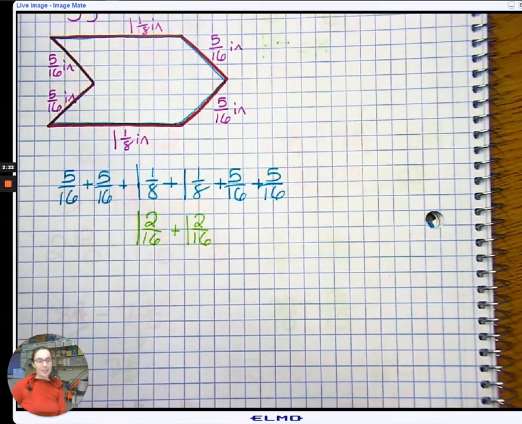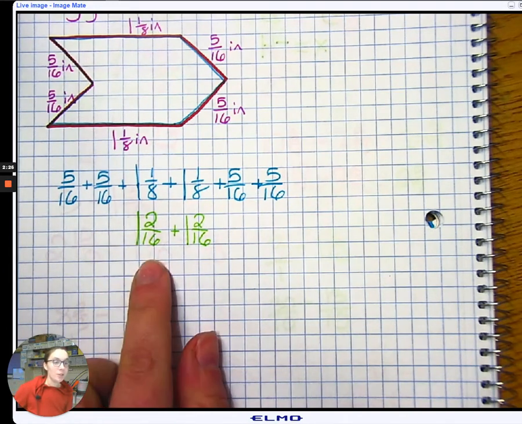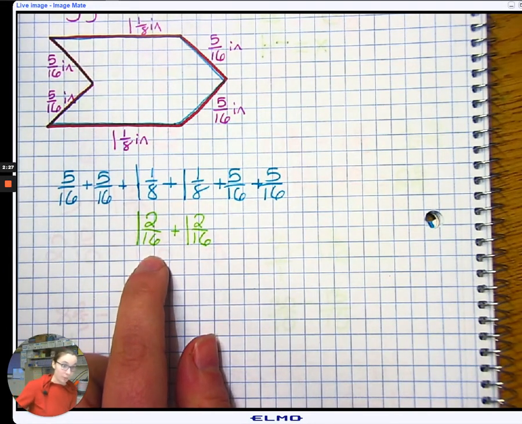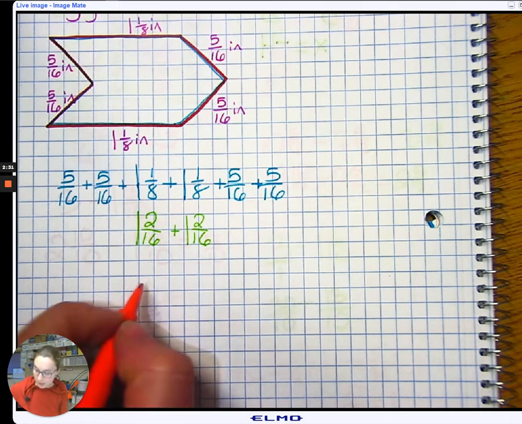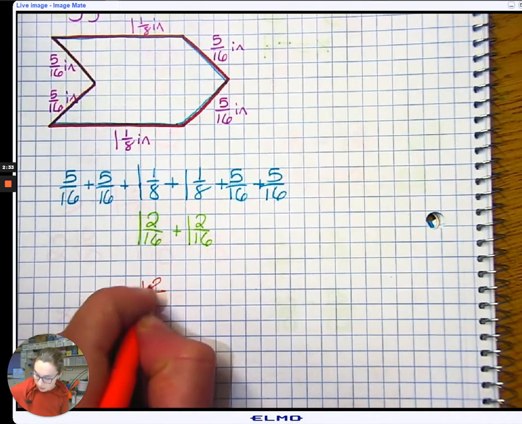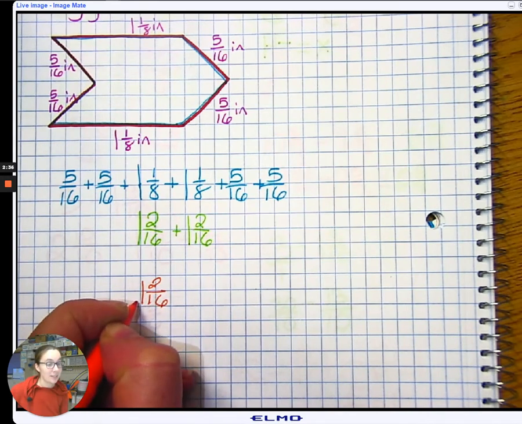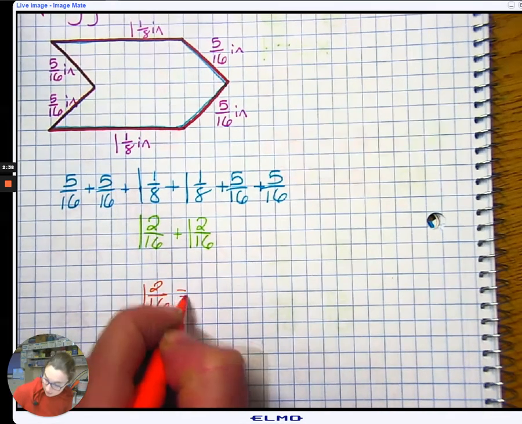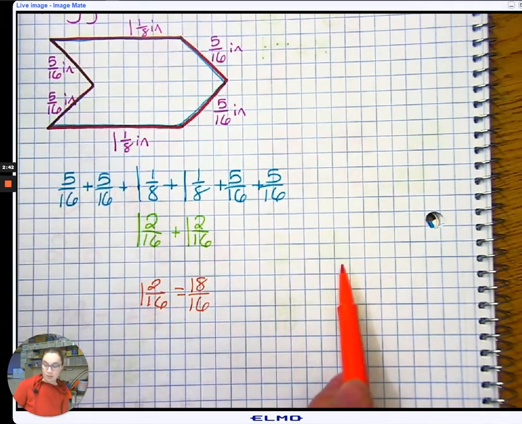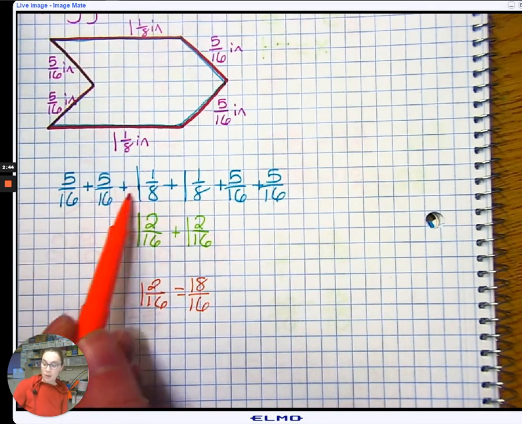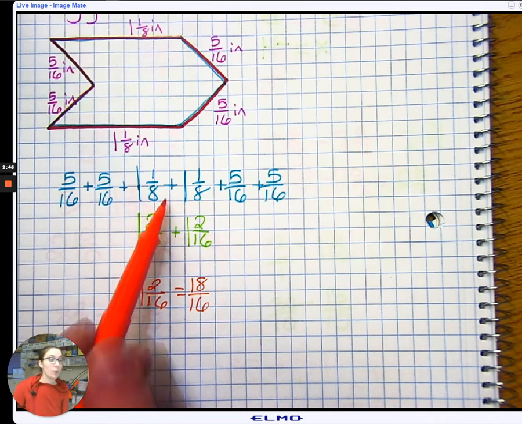Now there are a couple of ways I could do this. I could turn these mixed numbers into improper fractions. They would look something like this. 1 and 2/16. 1 times 16 is 16 plus 2 is 18. So these would both be 18/16. And then I could add across, or I can add across with the fractions and leave the whole numbers for later.